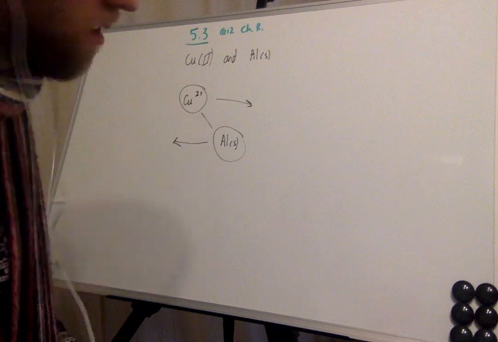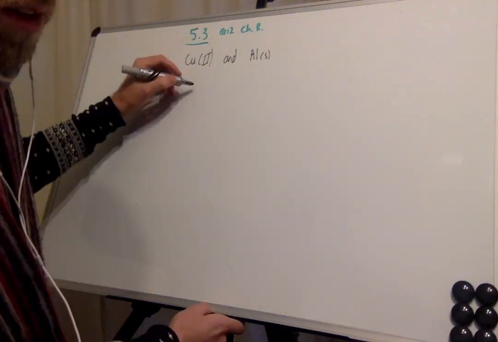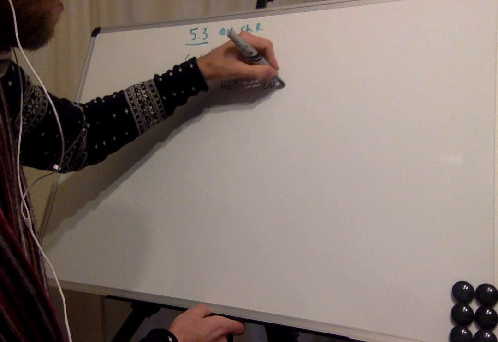Another example is sodium chloride. So Cl negative, Na plus in copper and copper solid. I know copper solid is in, and Na plus is down the bottom, and Cl negative is there. I'll draw the whole thing so everyone can see what I'm talking about.